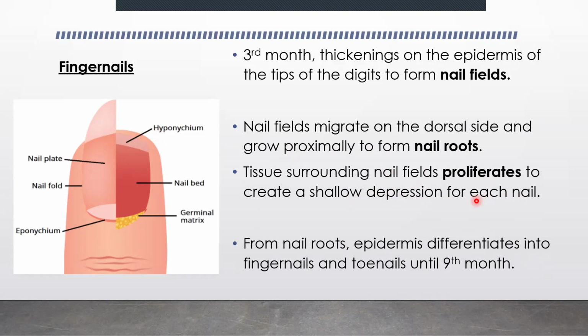Then from the nail roots, the epidermis differentiates into fingernails and toenails. How do these nail roots differentiate? They differentiate by undergoing keratinization. So the nail plate will undergo keratinization to give us the definitive fingernails.